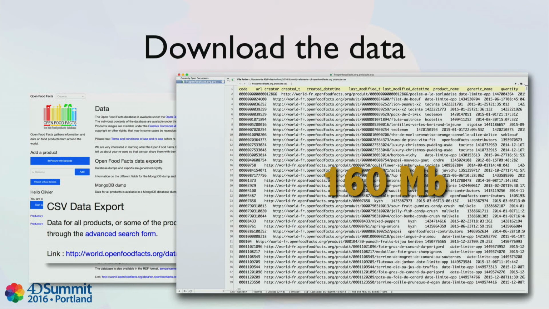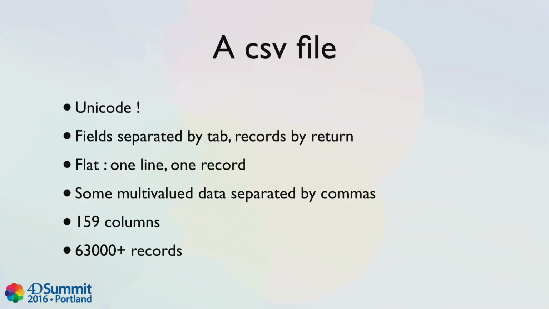It's a little file, but it's enough to have data to start a new database. This data is in Unicode, it's flat, it's a tab and return format, and we have 159 columns, so 159 fields in 4D.